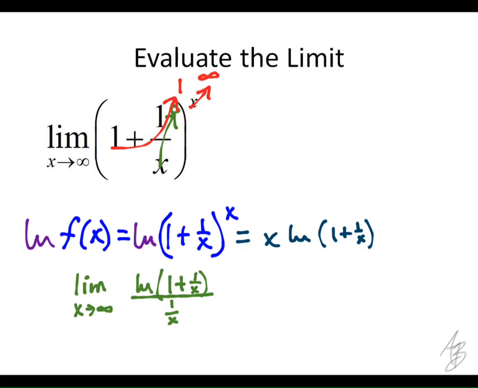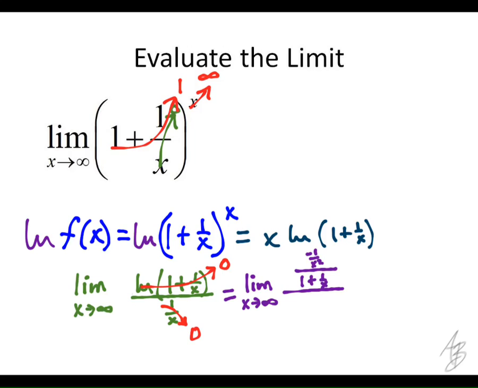Now, since we have 0 over 0 in our limit, what can we do? Use L'Hopital's rule. So we're going to take the derivative. This is not an extremely simple derivative on top, but we're going to have to use the chain rule here. So it's going to be 1 over 1 plus 1 over x, times the derivative of 1 plus 1 over x.